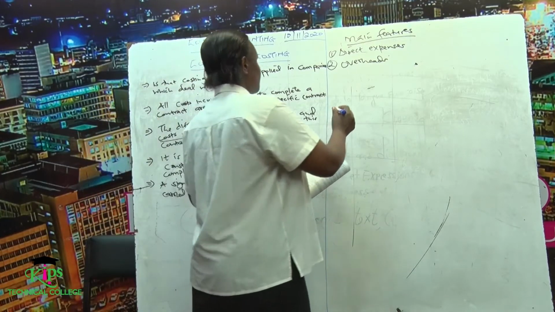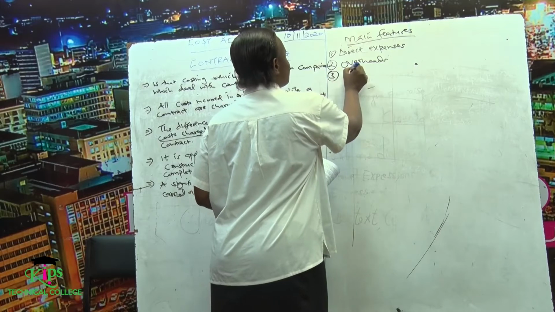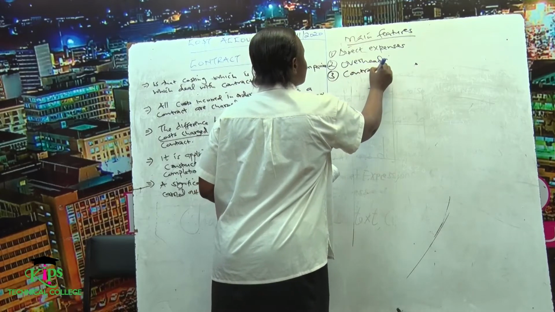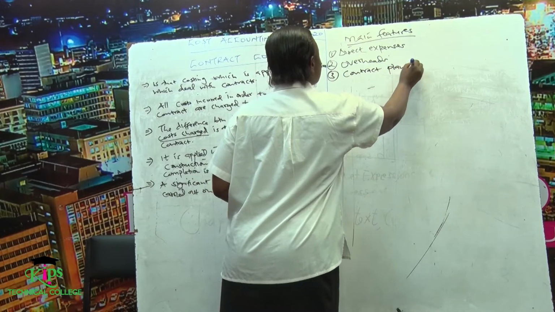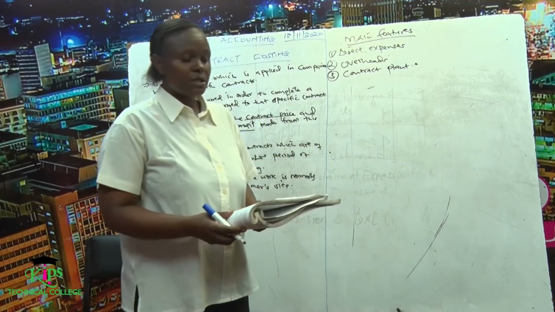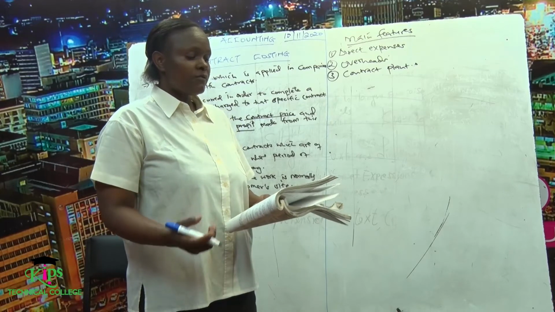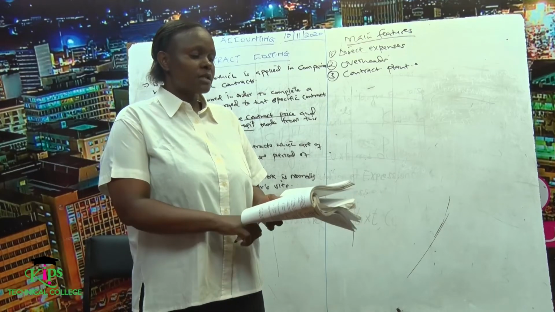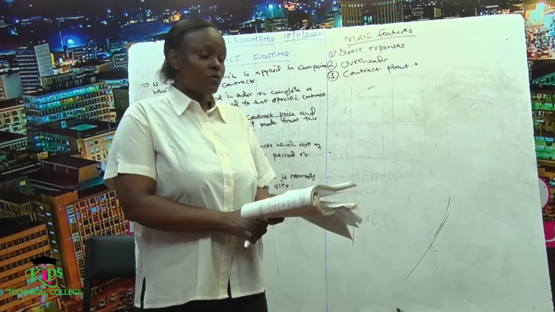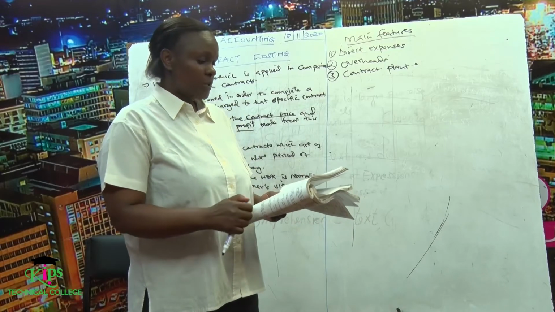Another feature is contract branch. The contract branch is a machine which is being used when you are doing the contract, like the crane, trucks, mixers, lorries. All those are classified under contract branch.